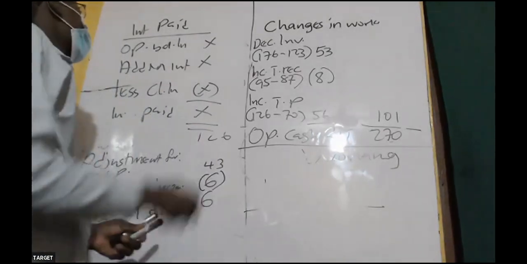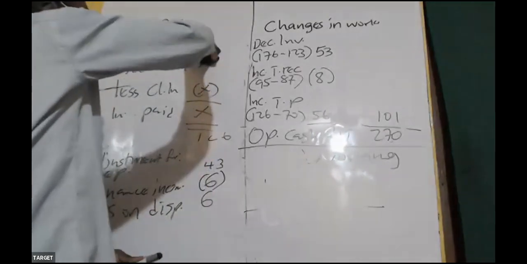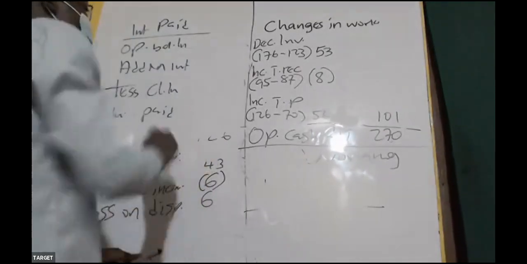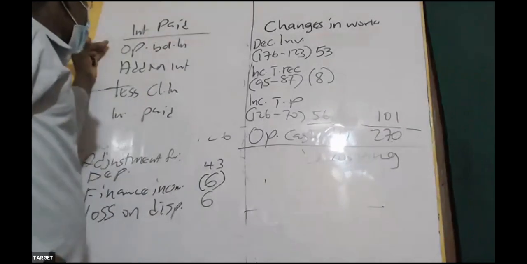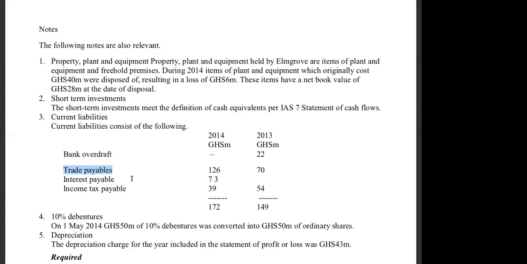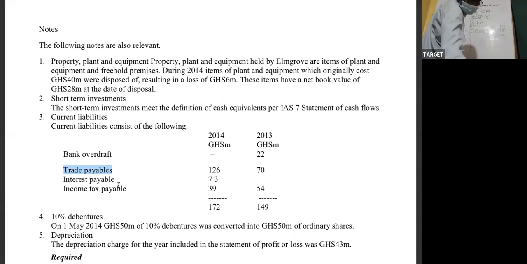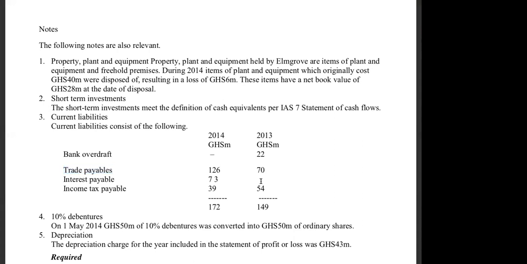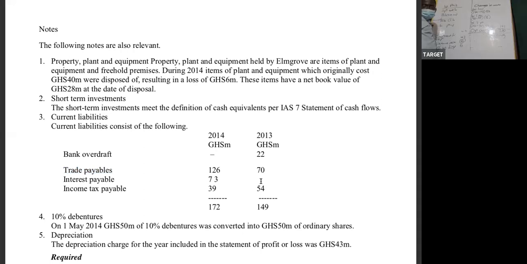Now, what's the open balance of interest? So let's fill in the empty space. Let's go to the footnote or the balance sheet and pick the interest payable. The open balance is 0, meaning that at the beginning of the year the company was not owing any interest.